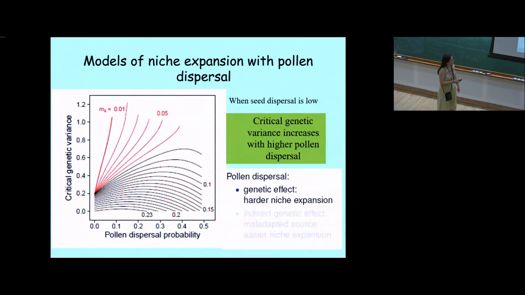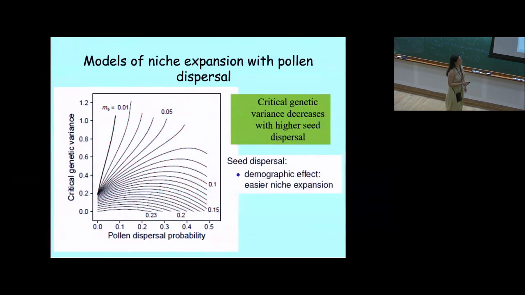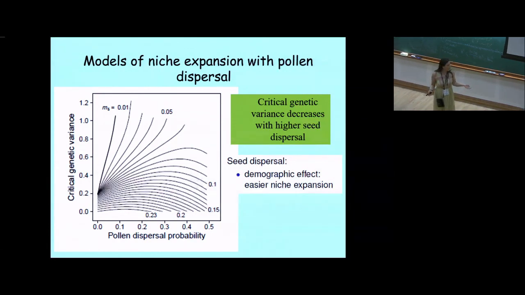The first thing we see is that if you increase seed dispersal, from very low seed dispersal here to very high seed dispersal here, you always decrease the critical genetic variance needed for adaptation, which means that more seed dispersal in this model is always making niche expansion easier.